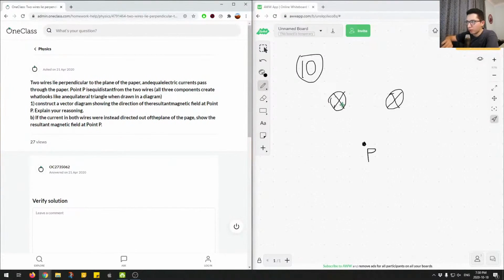So if we point our thumb into the page, we can see that our fingers are rotating in this direction for the first wire. This is wire 1, we'll call it wire A, and this is wire B. So for wire A, we can see that the magnetic field is acting in this direction.